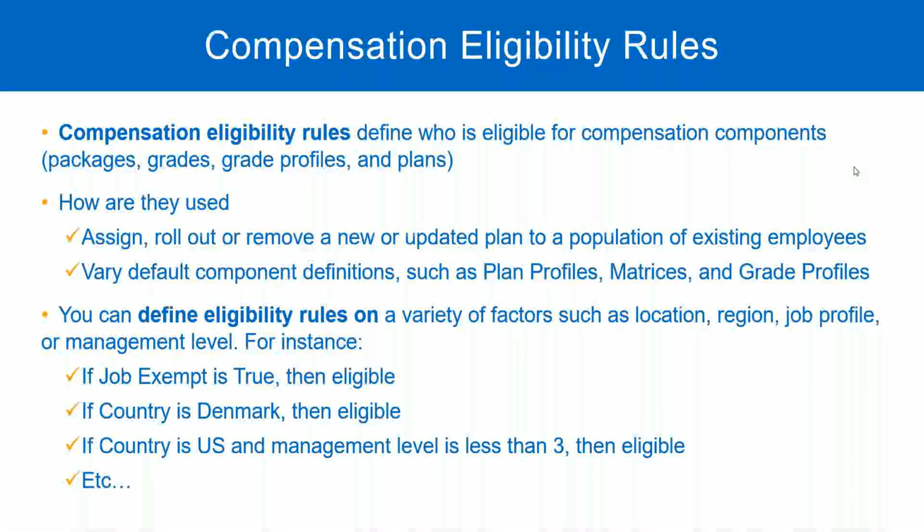That's what we learned. So it doesn't matter if you create 1 location, 5 locations, 10 locations. All you need to do is create the location and put it as part of the hierarchy. And then your compensation eligibility rules will take care of the rest.